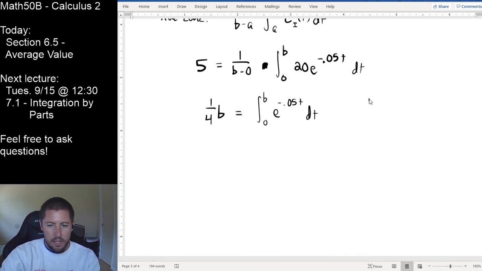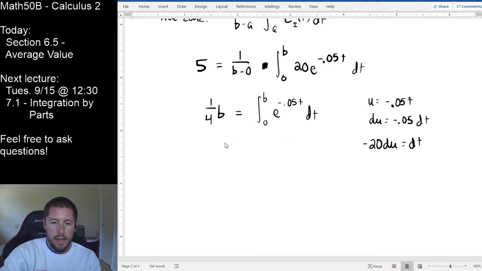Technically, if I wanted to write this out as a u sub, I could do u equals negative 0.05t, and du is going to be negative 0.05 dt. I'm going to divide by this negative 0.05. That's going to give me negative 20 du equals dt. And that's going to be my substitution here.